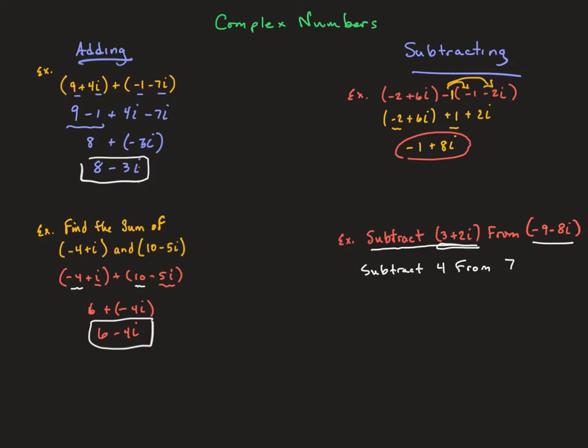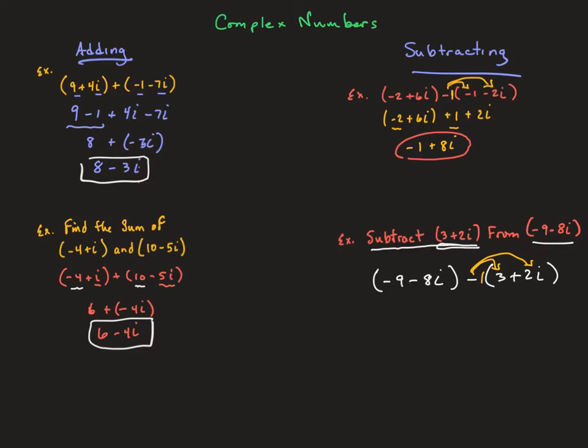If I'm going to subtract 4 from 7, that means I'm going to take 7 and subtract 4 to give me a 3. So when I look at doing this problem, I'm going to have negative 9 minus 8i minus 3 plus 2i, and that's how it has to be set up. Then we're going to multiply everything by negative 1 right here, so we can be adding again.